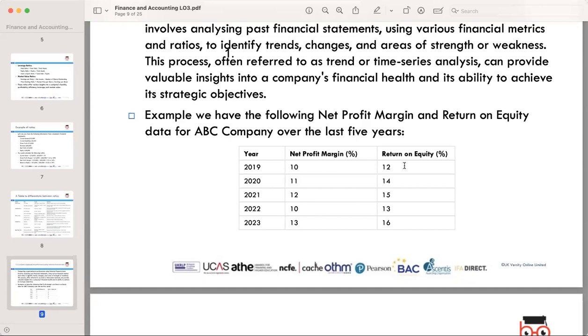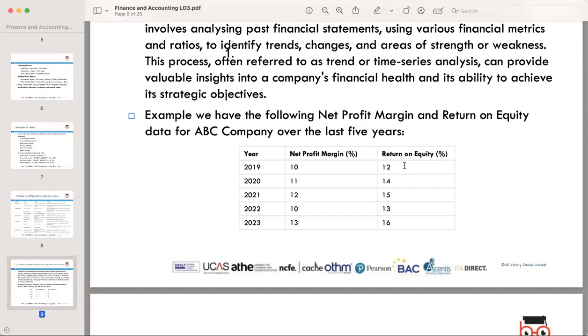On the other hand, return on equity measures a company's ability to generate a return on the investment made by its shareholders. It indicates how efficiently a company utilizes its equity capital to generate profit. For ABC company, the return on equity ratio has also demonstrated a positive trend.